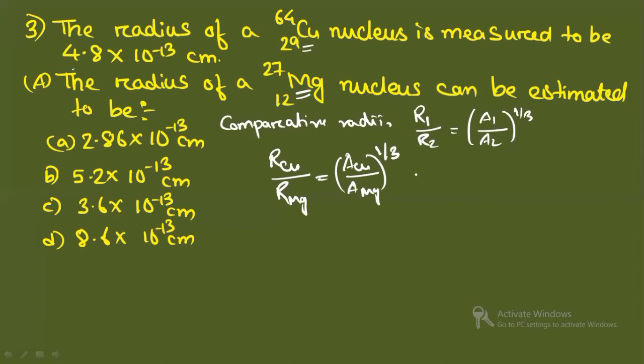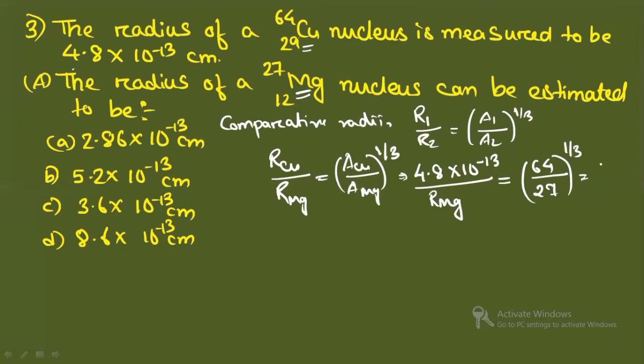Now what you will see here, the mass number in this case, this can be written as: the radius for the first nucleus, R of Cu, is 4.8 into 10 to the power minus 13, divided by R of Mg, equals, on the right hand side, the mass number of the first nucleus is 64 and the second nucleus is 27, and it's whole to the power 1 by 3.